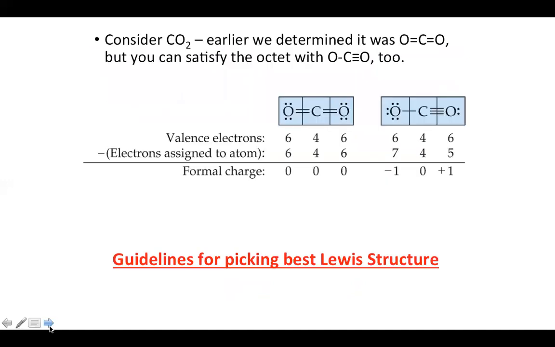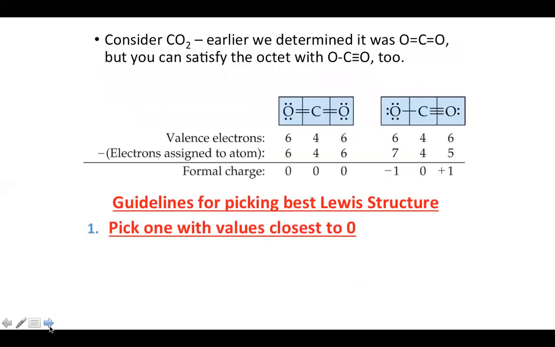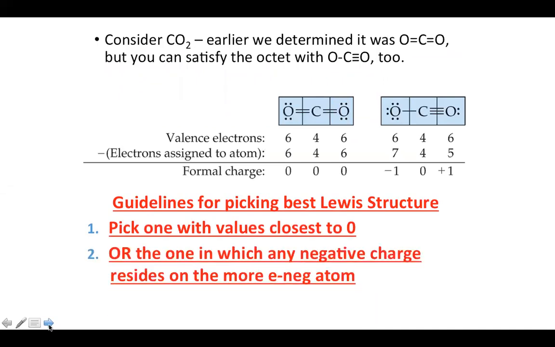When you are using formal charges to pick the most suitable Lewis structure, the guidelines are that you would generally want to pick the one that has the values closest to 0. Okay, so that's the first guideline.